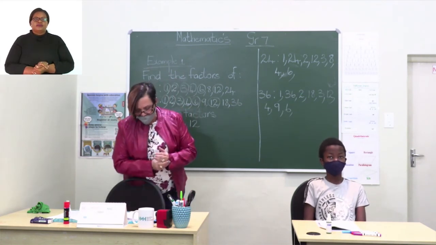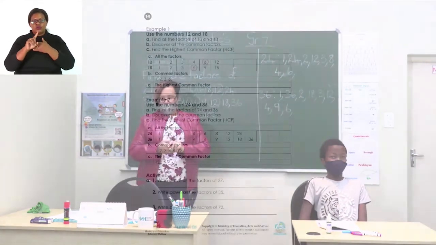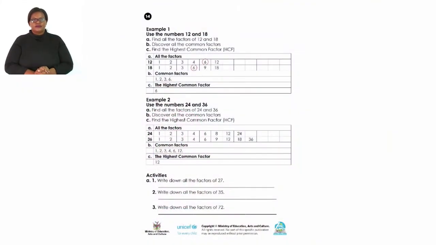We continue on page 14. After your examples, you will find your activities. We will go through the activities quickly. The first one says, write down all the factors of 27. What are factors again?